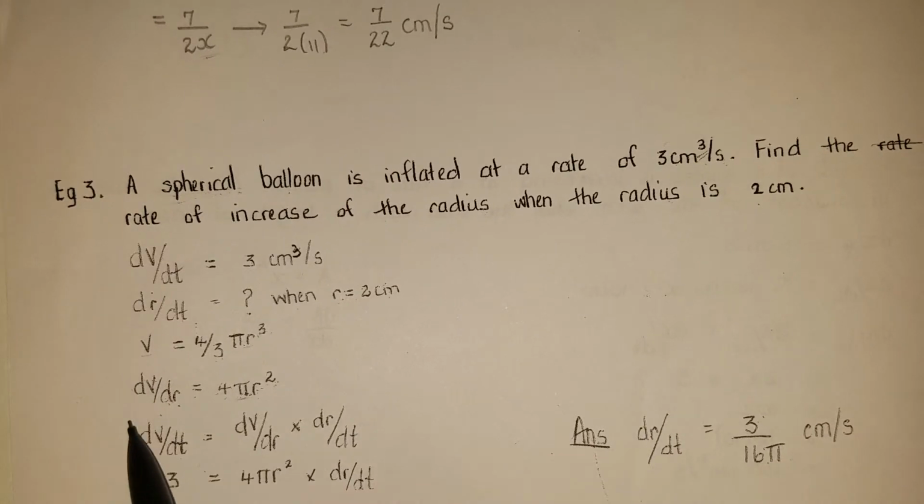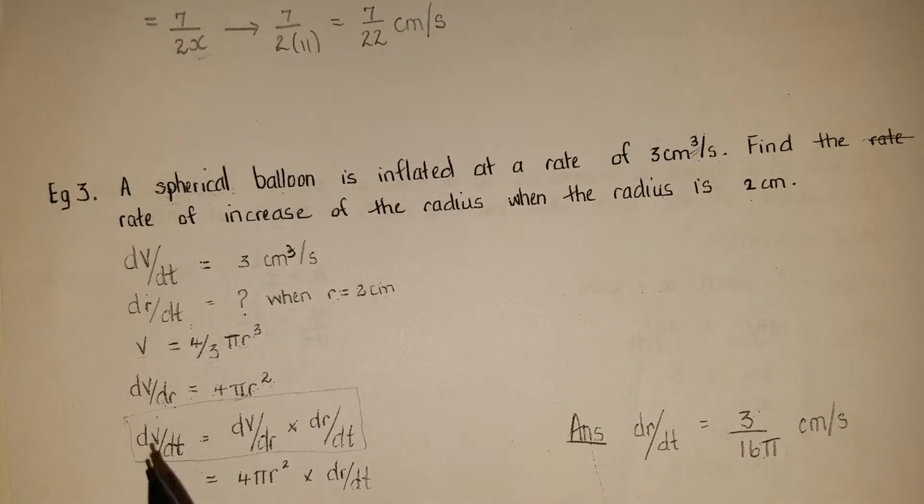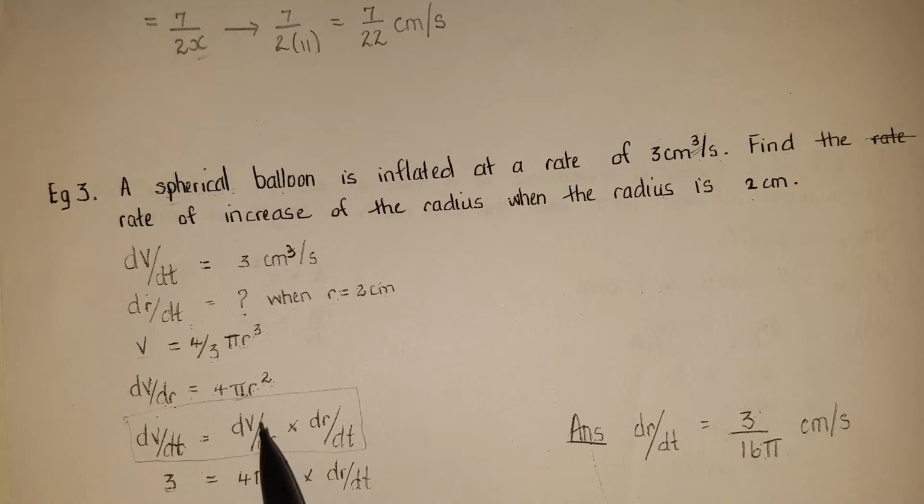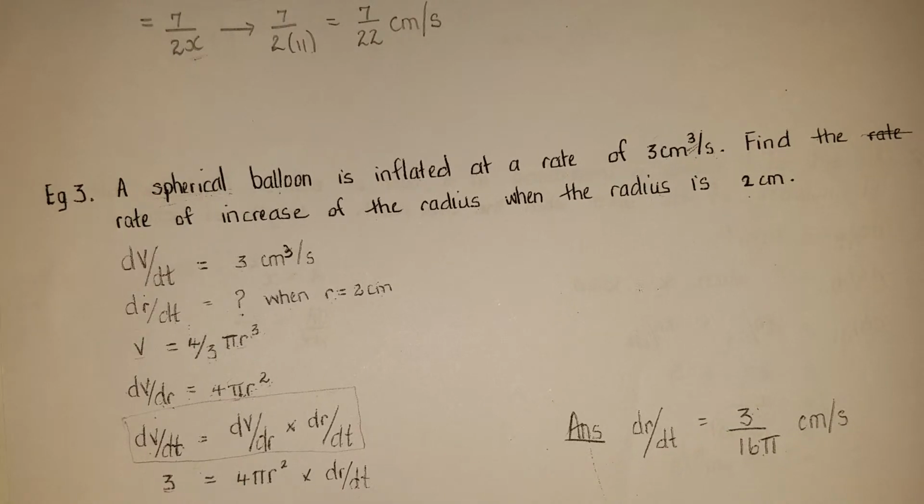So this is the formula that we're going to use to help us find dr/dt. dV/dt was given as 3. dV/dr we found to be 4 pi r squared. Here we're finding dr/dt, so when we rearrange it, dr/dt is going to be dV/dt divided by dV/dr. That's how we get 3 over 4 pi r squared.